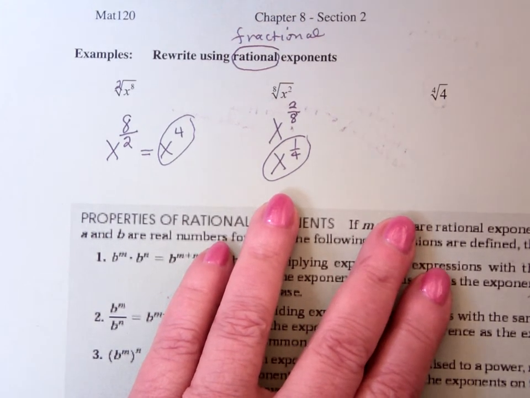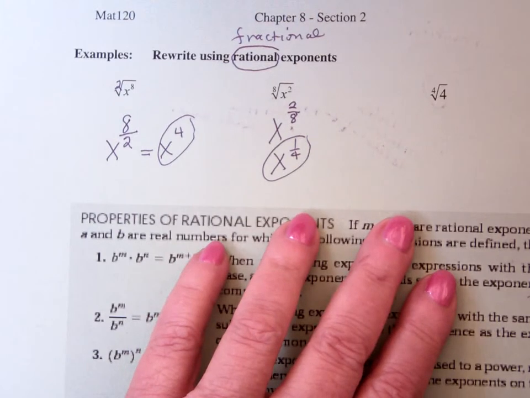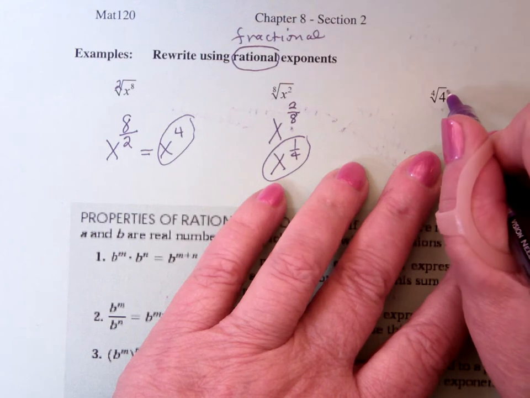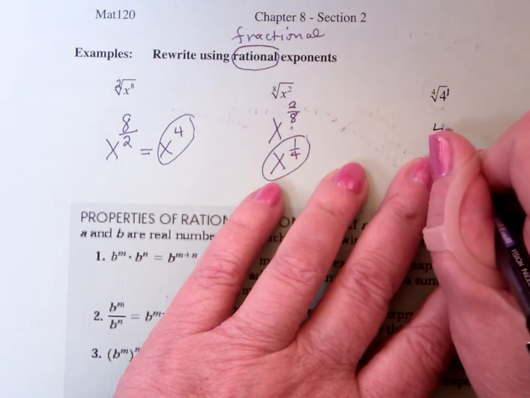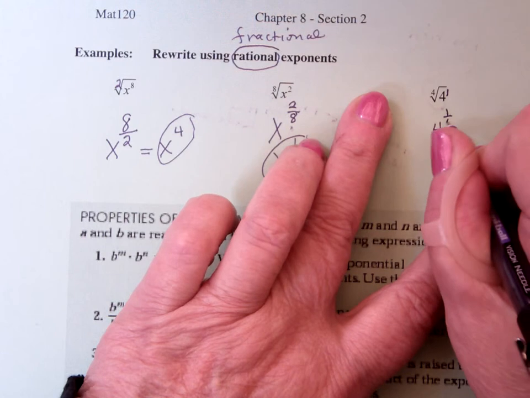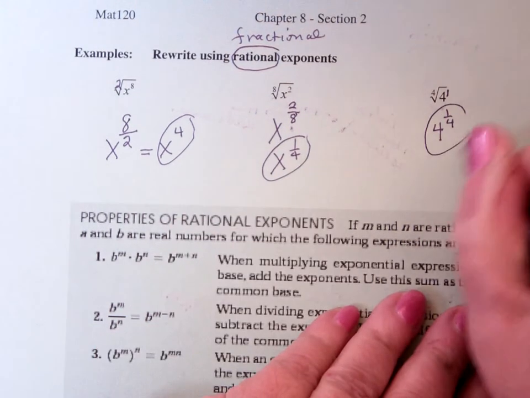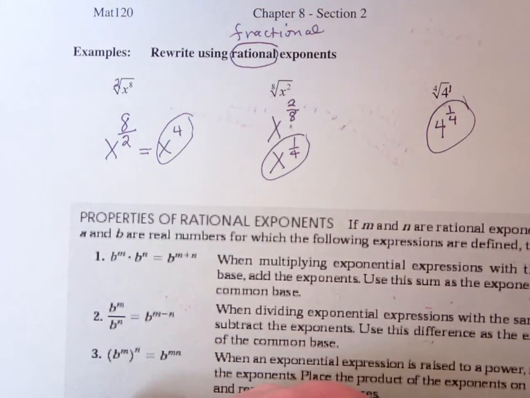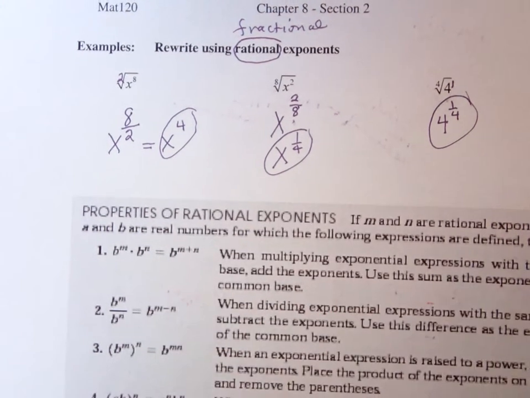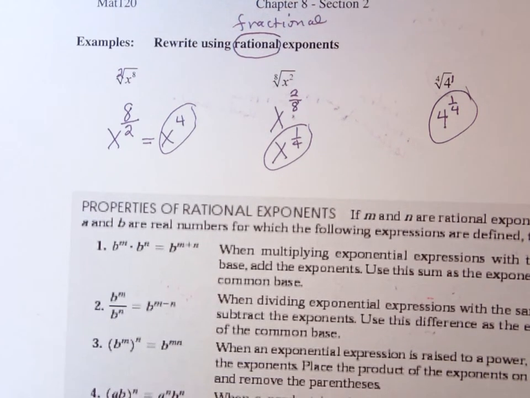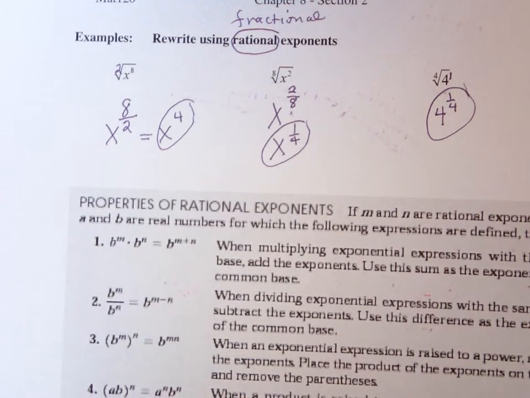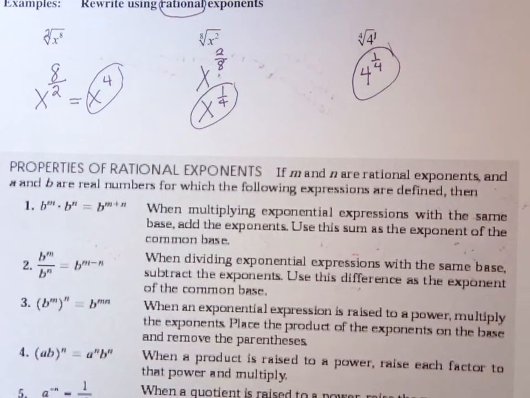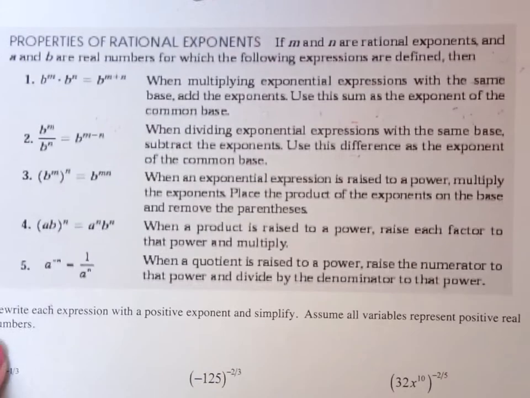Big whoop. The exponent on 4 is 1, so this is 4 to the 1/4 power. Can't really do anything more with that. You don't really want to know what else we could do with that. It's not relevant to this class.